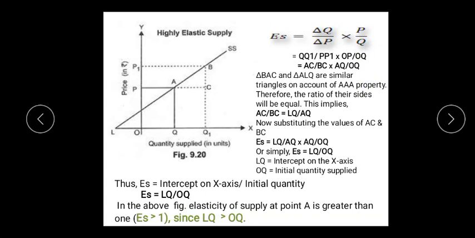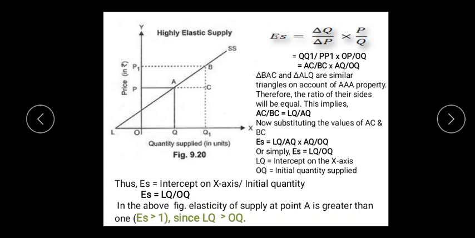Now dear students, triangle BAC, that is this triangle, and triangle ALQ, that is this triangle, BAC and triangle ALQ are similar triangles on account of angle property.